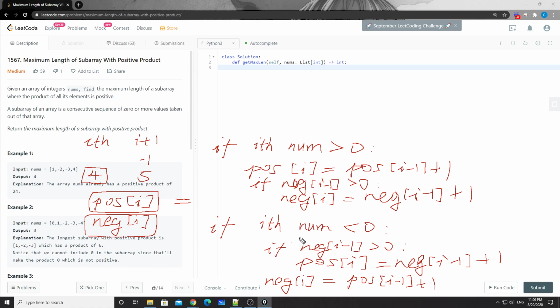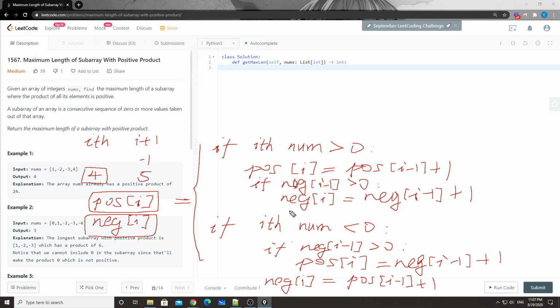Because if the current one is negative, all we need to care about is the previous positive, because the previous positive product times the current negative number will also give us a negative number. That's why we do this. Cool, basically that's the state transition function.